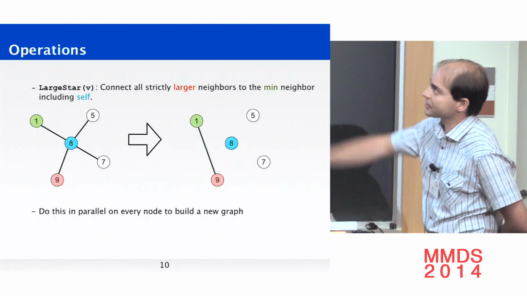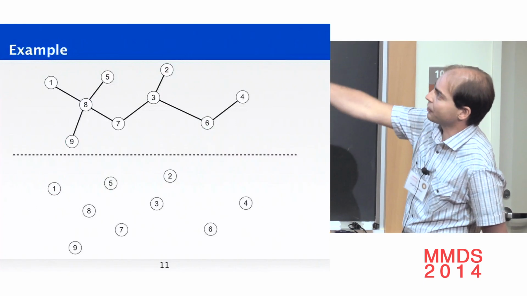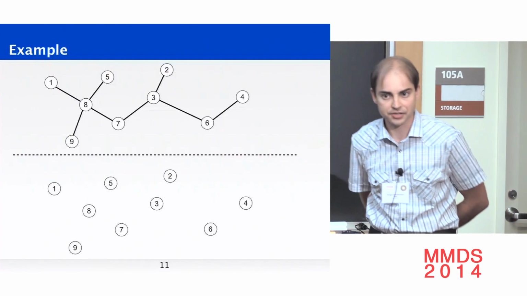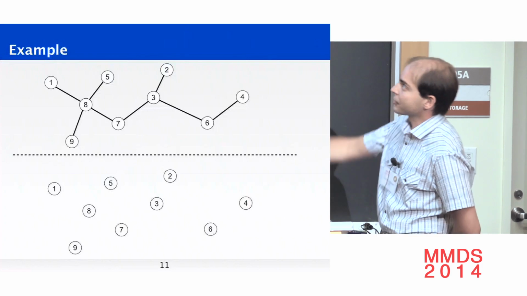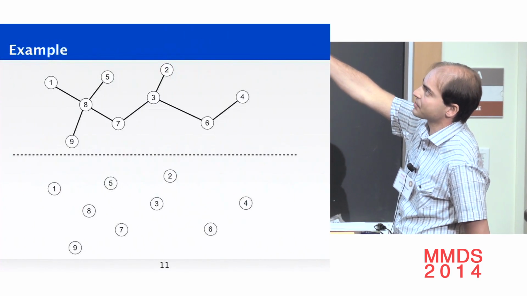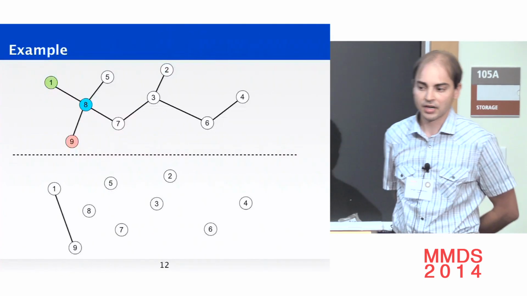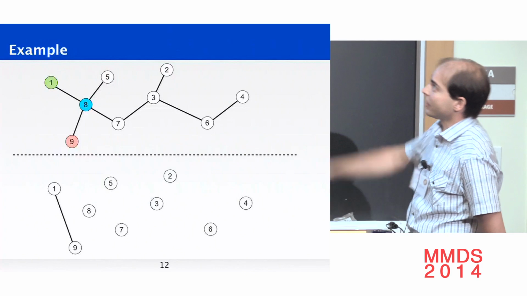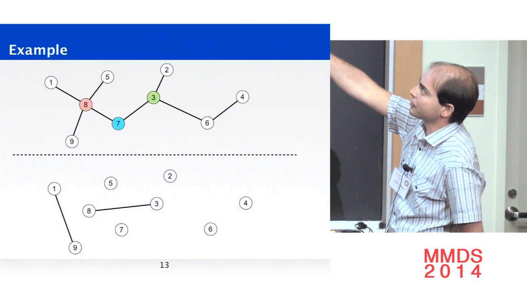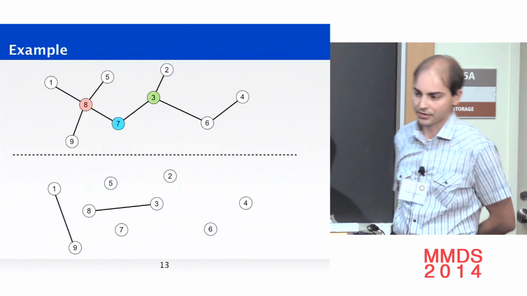So what does this look like? We have our very large graph. It spans most of the slide. We have now the set of nodes, and I'm going to be creating a new one in the next iteration. So we already know what happens when I execute this process at 8: I look at 1 and 9, and I add this edge around it. Now, if I look at 7, I'm looking for the larger nodes, 8, and I'm looking for the minimum neighbor, 3, so I'm going to add the 8 to 3 edge.